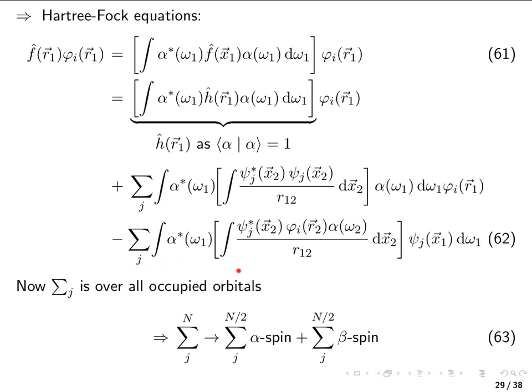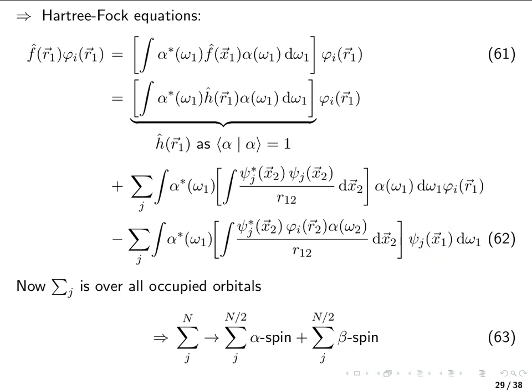For the exchange integral, which we have here, the situation is a bit more difficult, because of the exchange. So now in the integral over electron 2, we don't have psi j any longer, because psi j is now for electron 1, so we get psi j of electron 1 here.